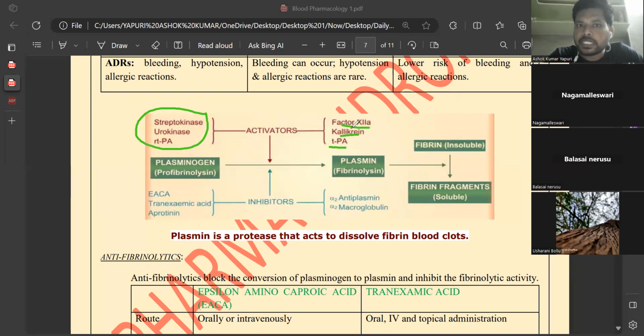The mediators here activate plasminogen to plasmin. Plasmin is a fibrinolysin, causing lysis of the fibrin mesh system. Generally, fibrin is insoluble, and in the presence of plasmin it is converted into soluble fibrin fragments. That prevents clot formation.